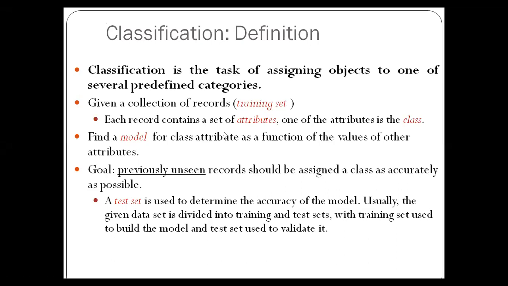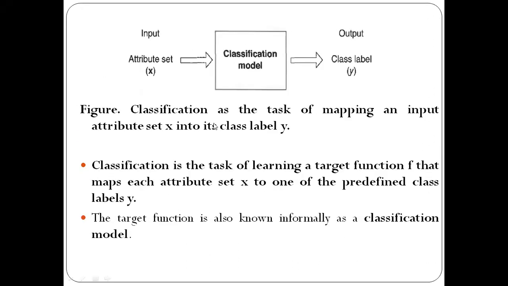One is called a training set and the second one is called a test set. Using the training set, we will be building a model, that is, we will be giving the knowledge to the model so that in the second step, it will be able to classify the records. So the training records will be used to build the model, and using this model, we will be classifying the records.